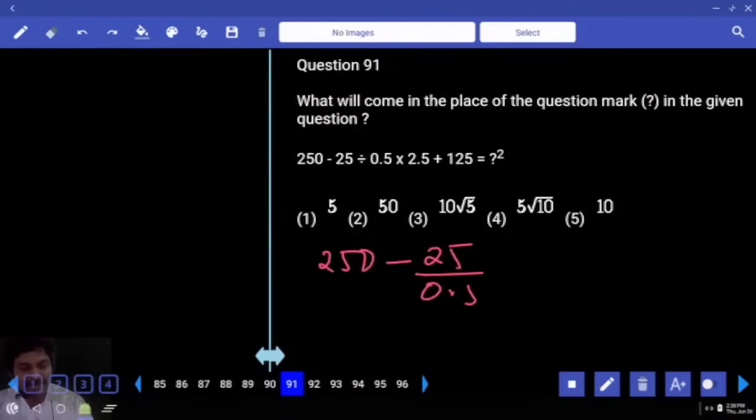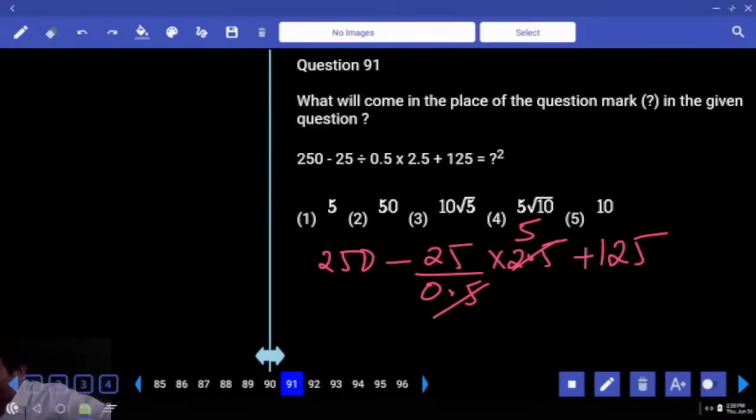Divided by 0.5 into 2.5. In both numerator and denominator there is only one digit. Denominator is 5. How many times? 5 times negative number 25, 5 times. 125 cancel. 250 is equal to x square.